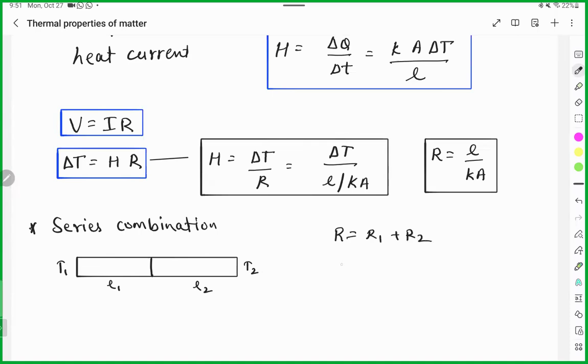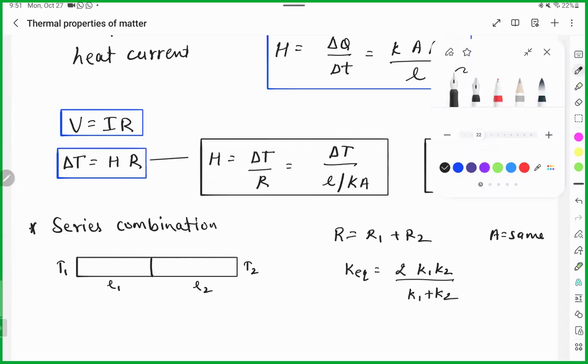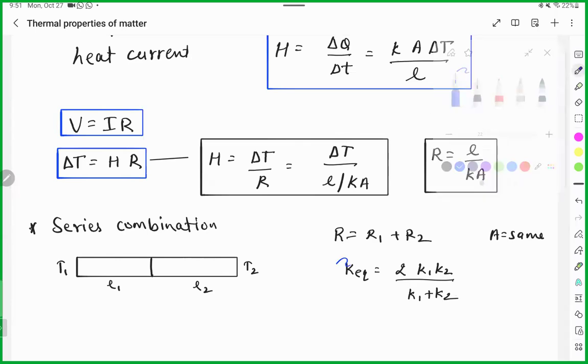And what will remain the same in this situation? Correct, area will be the same. And if you calculate the equivalent thermal conductivity, it will be 2 K1 K2 divided by K1 plus K2.